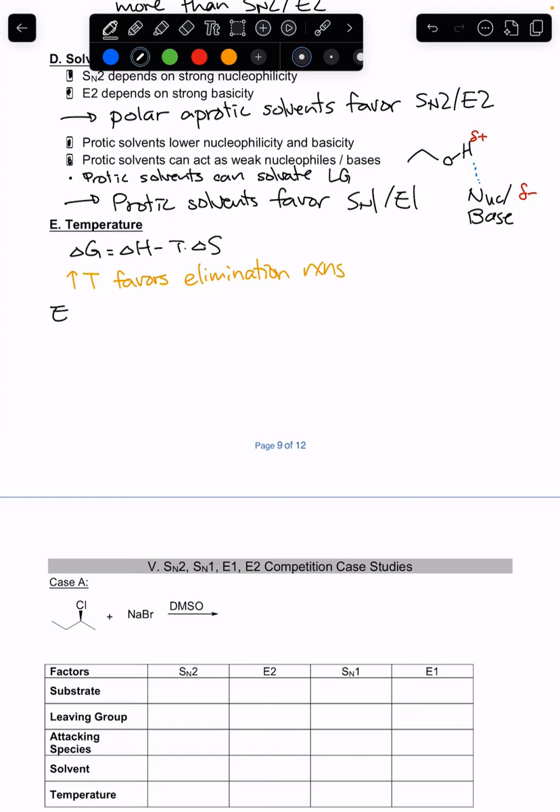Because in E1 or E2, if you have a leaving group plus base, the product, you have the product alkene, the leaving group that left, and the base that picked up the proton. So you have three species, which makes the delta S positive.